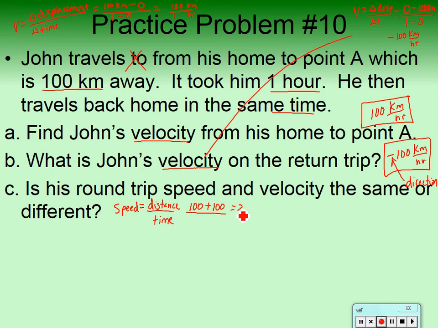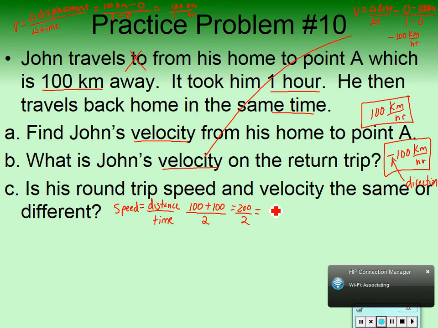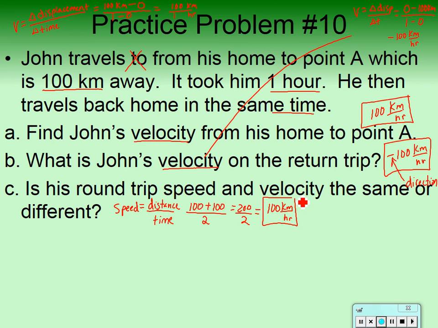So 200 divided by the total time, which was 1 hour there and 1 hour back. So 2. So his average speed would have been 100 kilometers per hour. That would be his average speed.